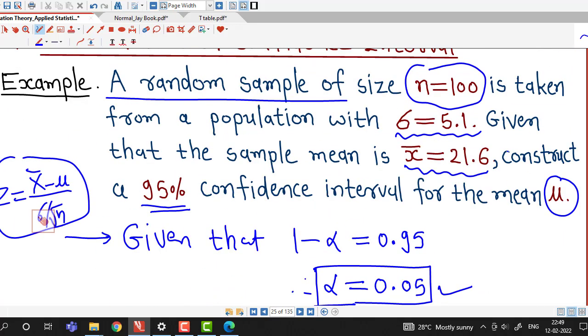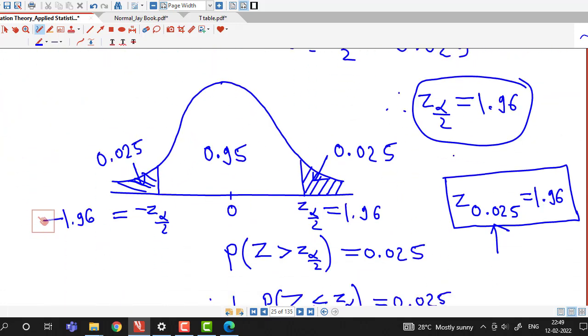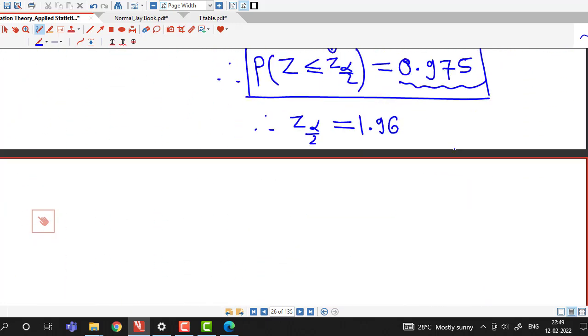We are given that the sample size is 100, the population standard deviation is 5.1, and x bar is 21.6, and we have obtained z alpha by 2 also.